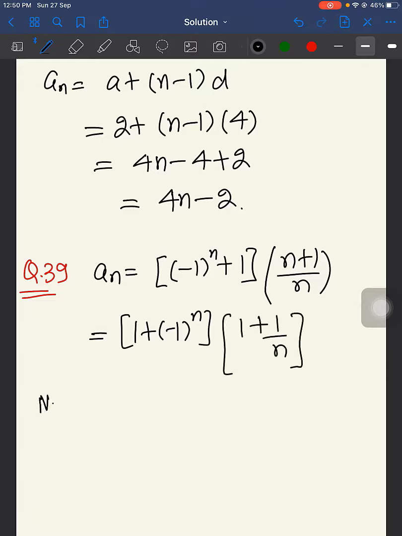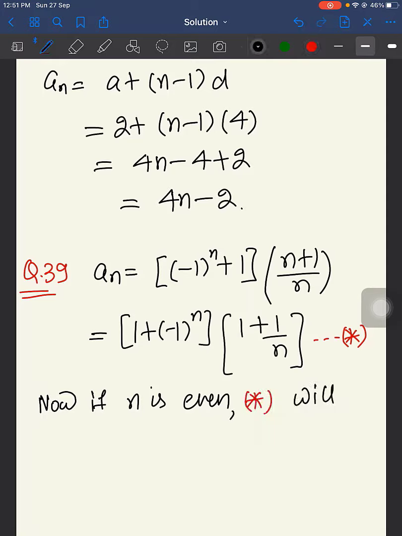If n is even, the expression star will converge to 2.